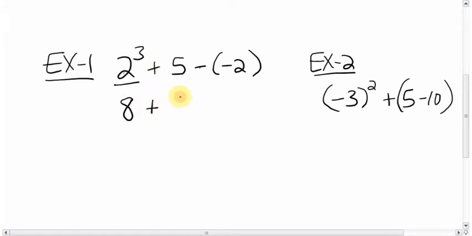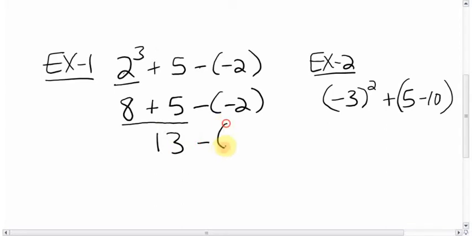Bring everything else down, plus 5 minus negative 2. Adding, subtracting, they're equal to each other, so we go left to right. 8 plus 5 is 13. Bring down the minus, bring down the minus 2. You have a double sign. The double sign we need to get rid of from before. Remember, signs are the same, so that's going to be a big fat plus sign. 13 plus 2 is 15.